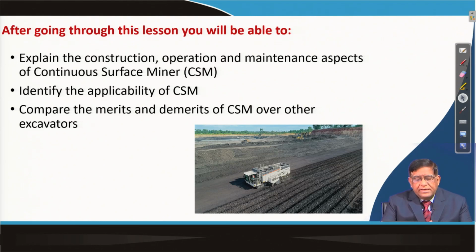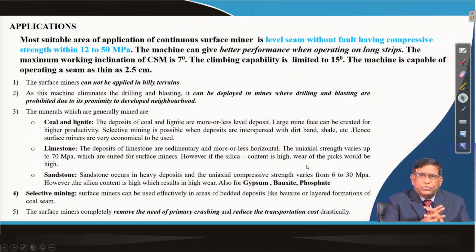So, you can see here in the photograph a Wirtgen machine. It is working in stripping of coal, for production of coal.